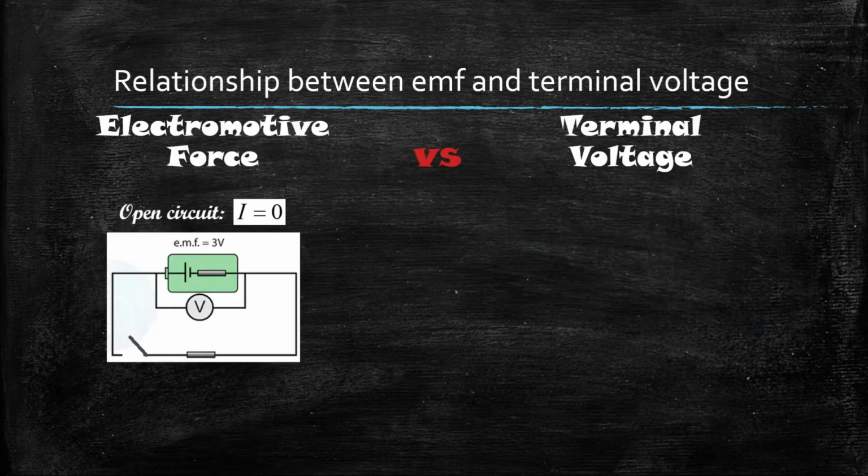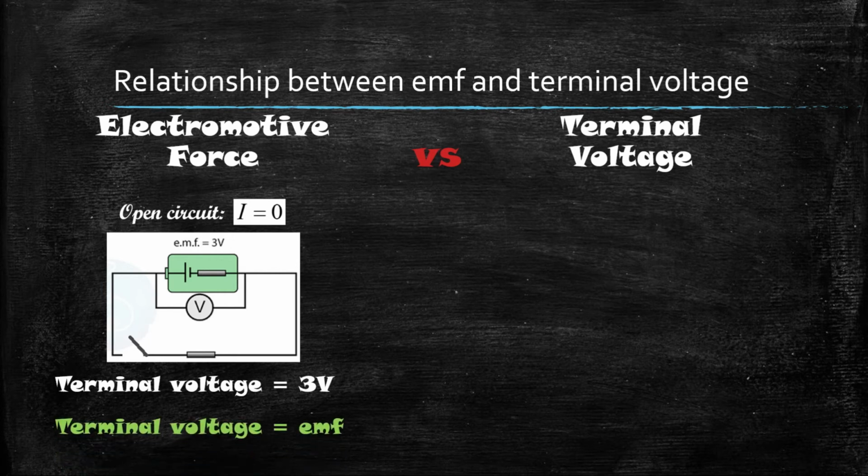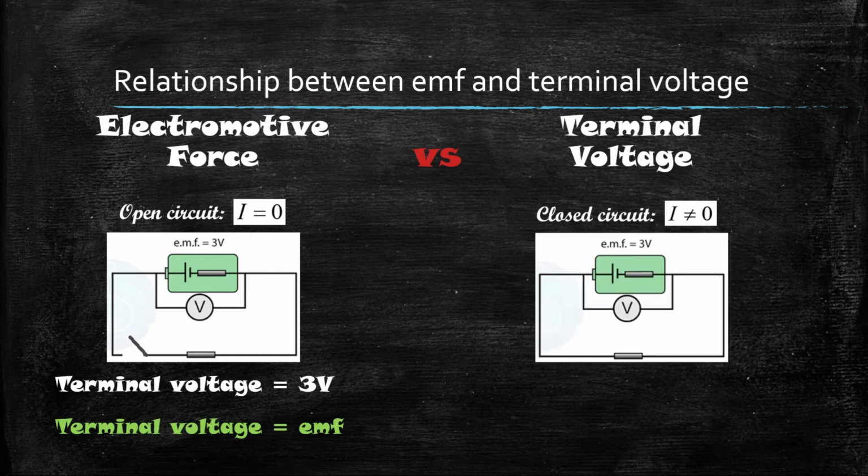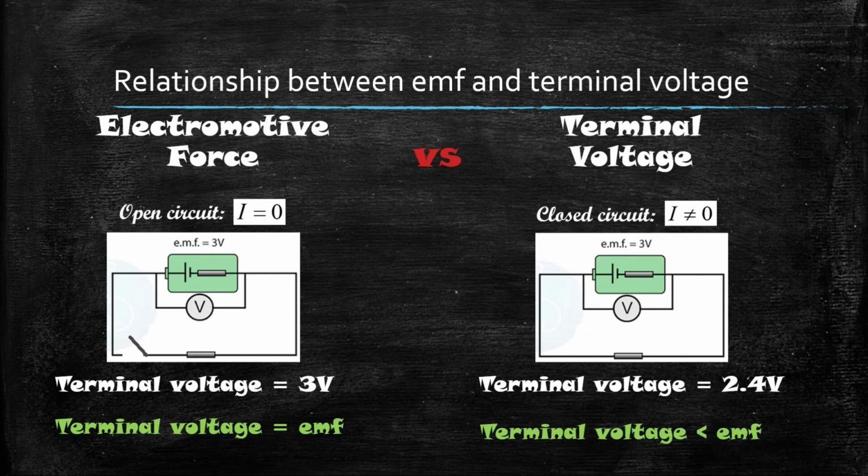During open circuit, the current does not flow. The terminal voltage is equal to the EMF, but in the closed circuit, meaning the current flows, the reading of the voltmeter, the terminal voltage, is less than the EMF.